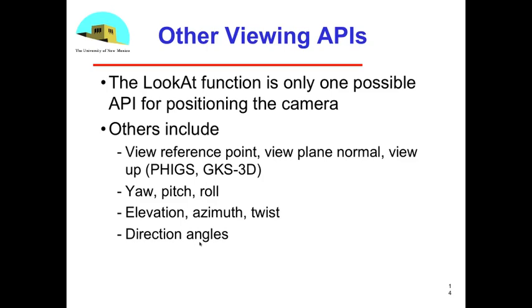Previous systems, PHIGS, which we've mentioned before, and GKS used a system where you had a view reference point and a view plane normal and an up direction too. It turns out that given the view plane normal and the reference point, you can get the at point and the I point, or go backwards from the I point and the at point to the view reference direction and a view plane normal. So this is equivalent.